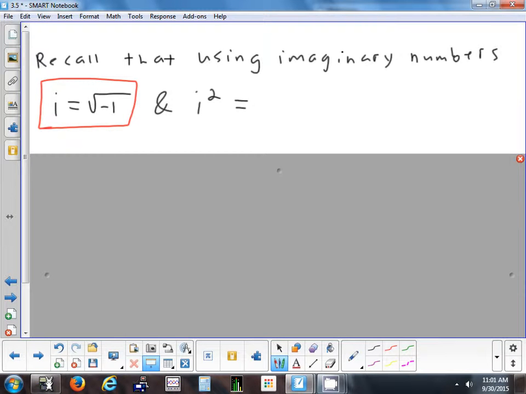So remember, for imaginary numbers, we start out with this definition: i equals the square root of -1. This is not something I could prove to you. This is just a fact we start with. It'd be kind of like in geometry, if I said to you, parallel lines don't cross, and you said, well, prove that. Well, I can't.